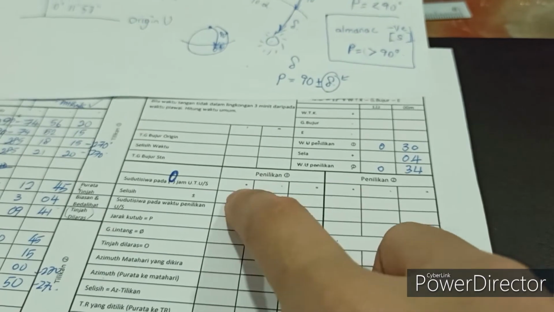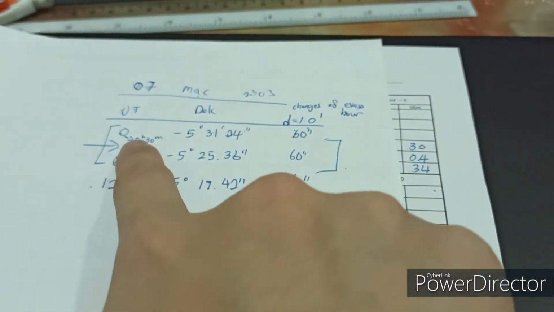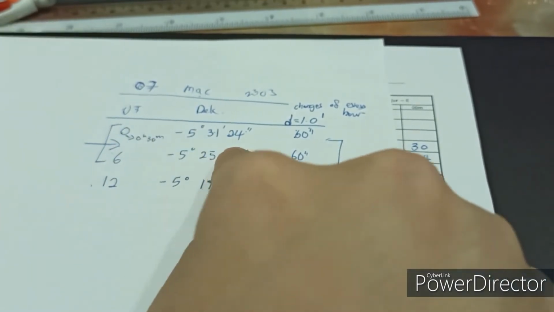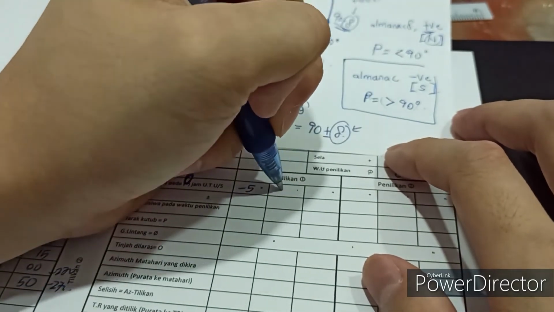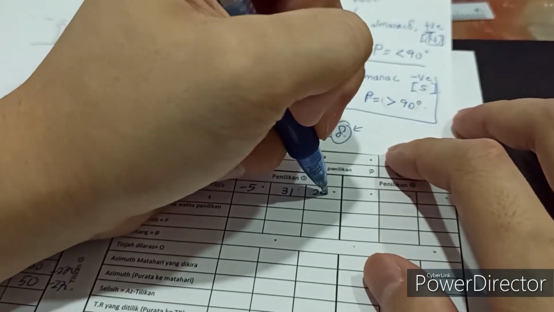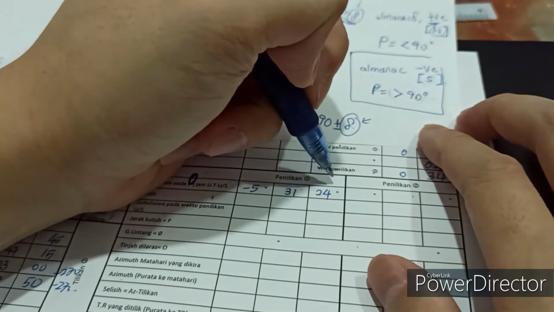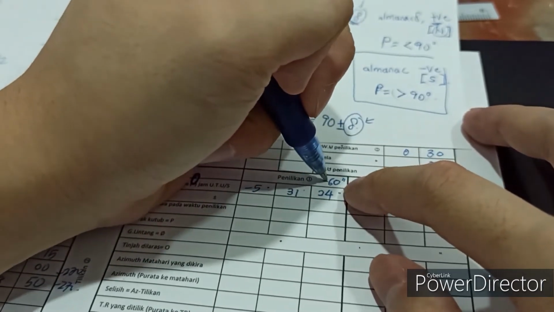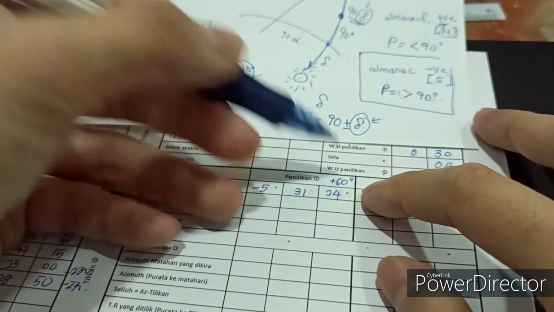For these three, we copy from the almanac for the 0 hour. 0 UT is this value, -5, 31, 24. Then the changes for every hour we write down here. Since it is positive, I write a positive sign here.